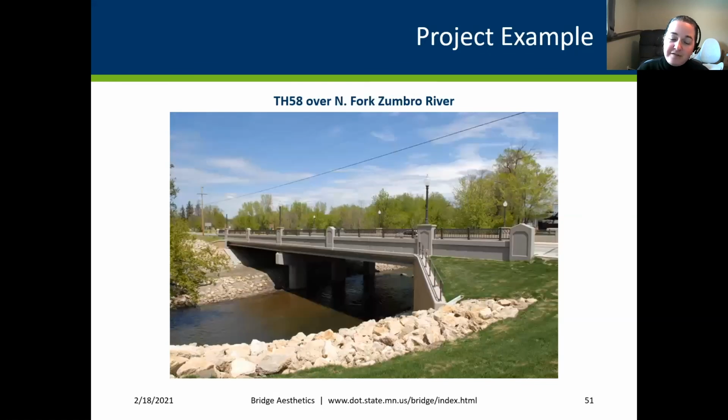This is probably my favorite structure, and it's in the middle of nowhere to an extent. This is Highway 58 over the Zumbro River, and we had to take this bridge down because it had reached the end of its life. But the original bridge was dedicated to soldiers and had this particular design.